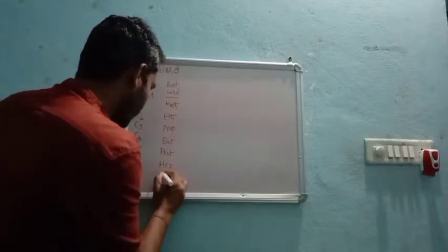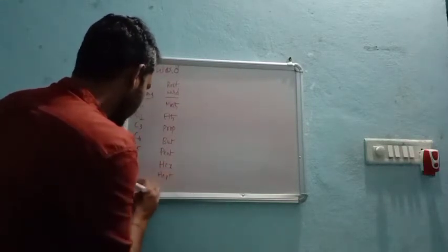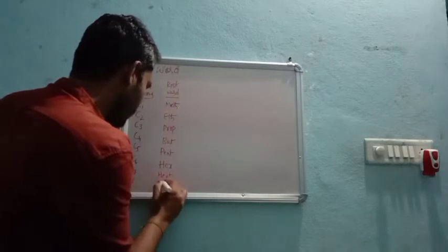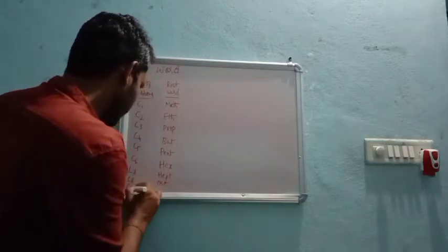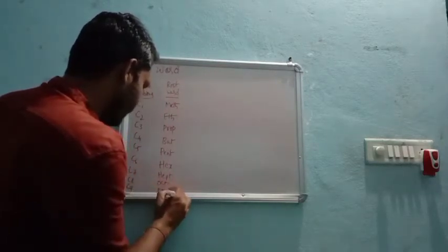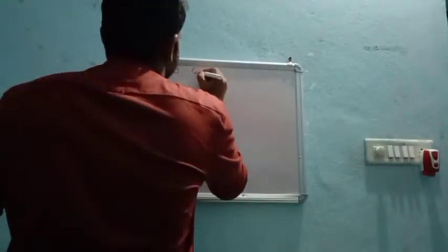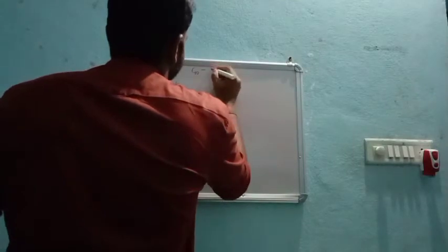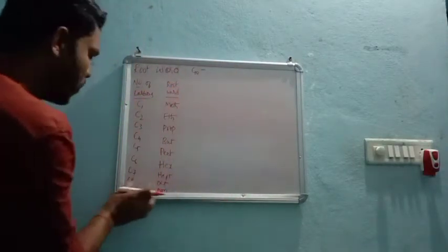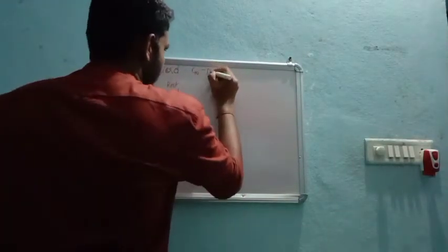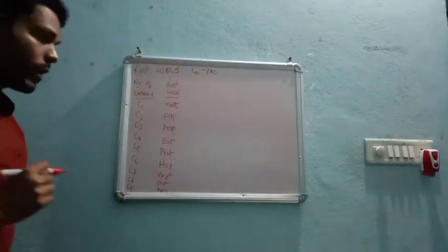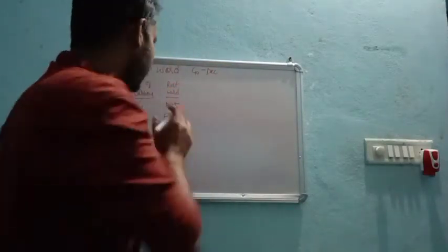Likewise, 7 is hept, 8 is oct, 9 is non, and if 10 carbon atoms are present in the given organic compound, then the root word will be dec. Okay, I repeat.